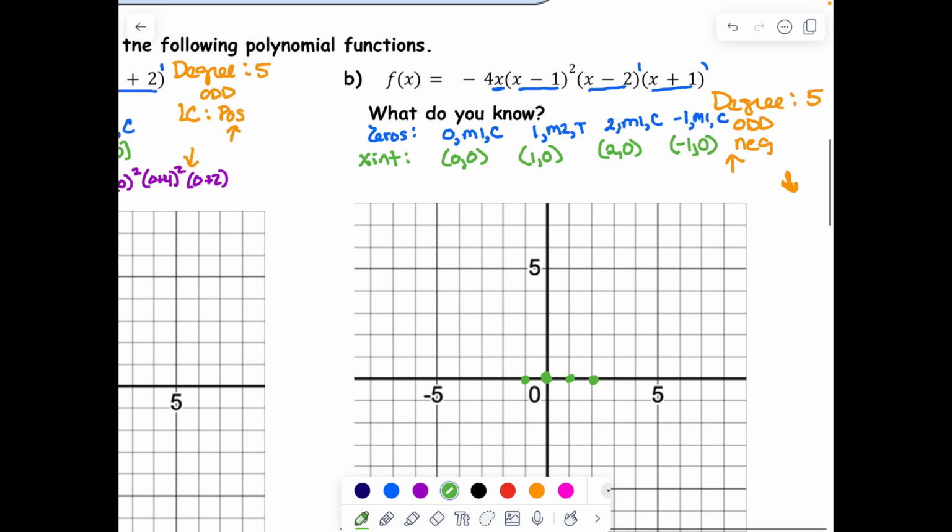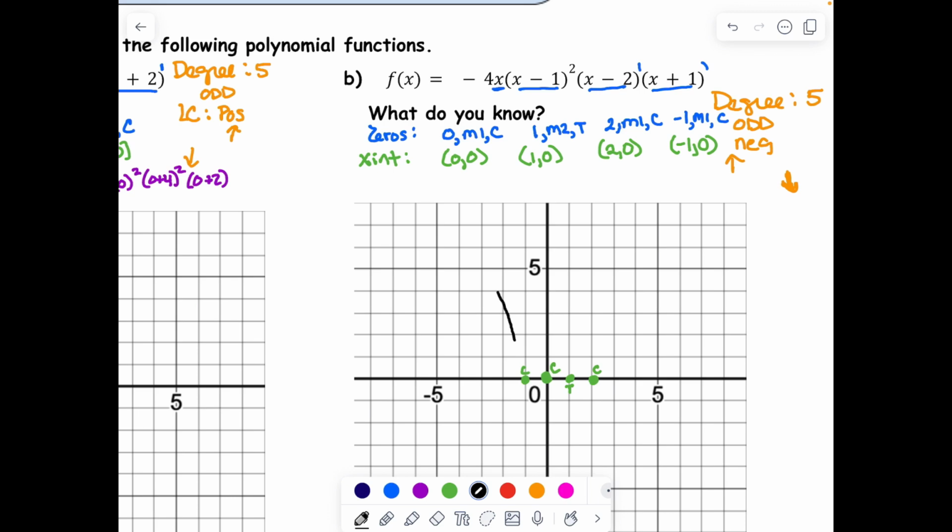Okay, so we're going to cross at 0, 0. We're going to touch at 1, and we're going to cross at 2, and we're going to cross at -1. All right, so let's draw our graph. We said we're going to start going up.